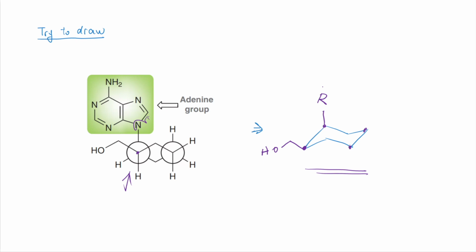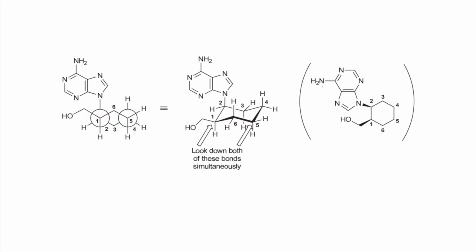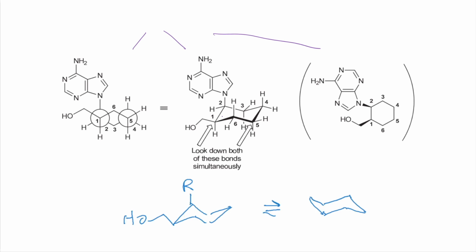It's very easy to transfer a Fischer projection into a chair conformation. So this is the same molecule that is on the last page. So we want to recognize it from each of the projections we learned. Okay.